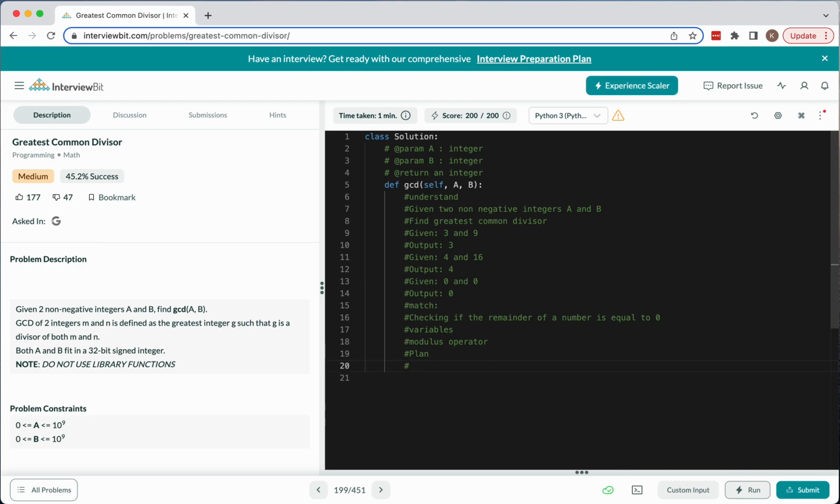So I'm trying to use the Euclidean algorithm for this problem. So I have to check if either a or b is 0.